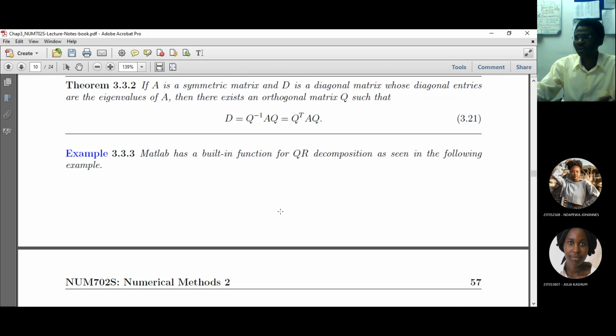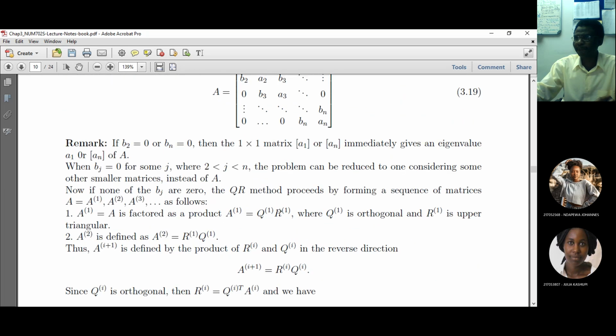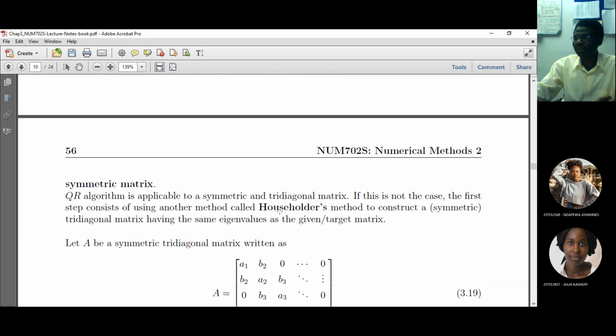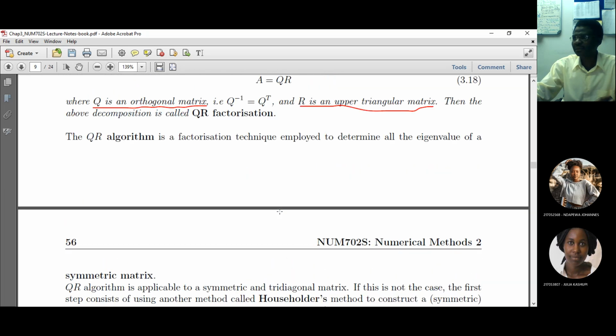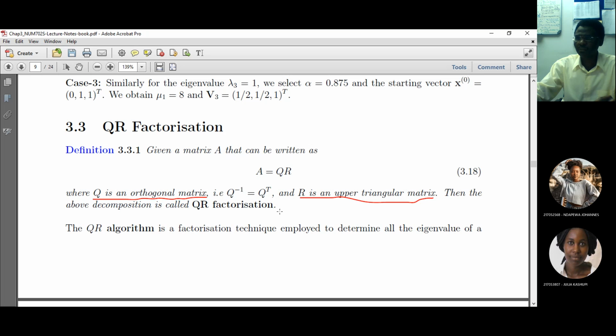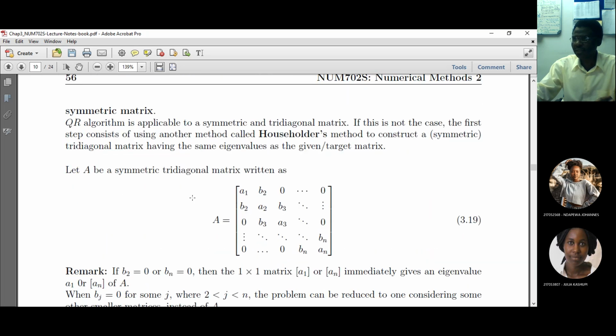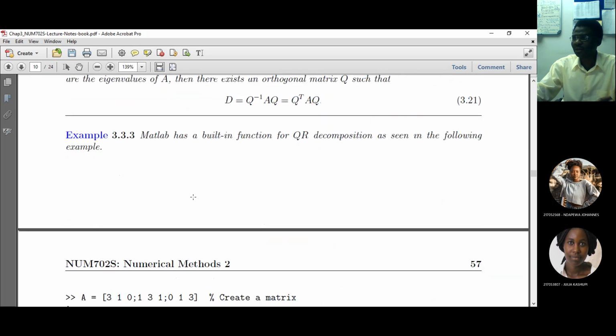And there's another one where you use the QR.